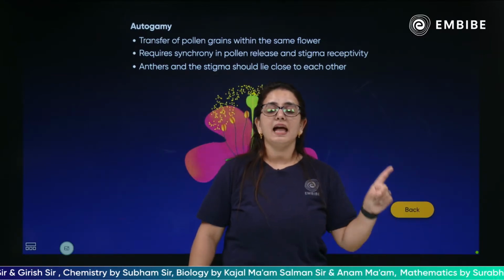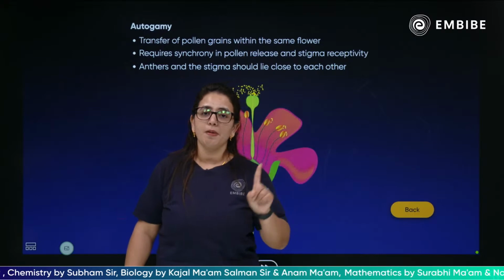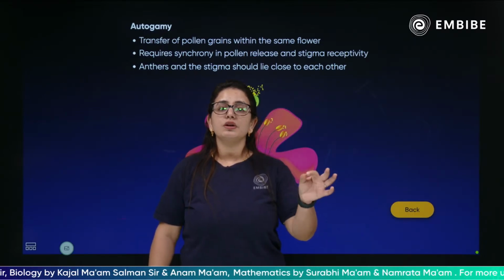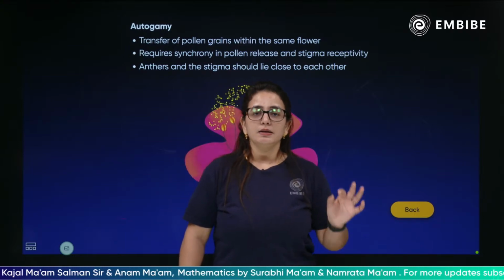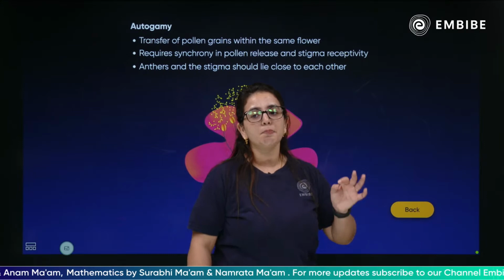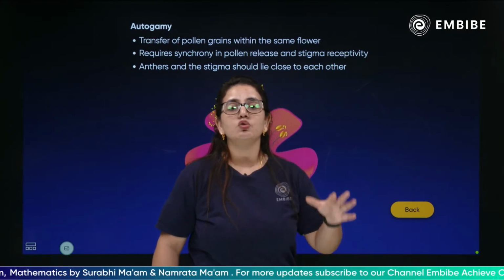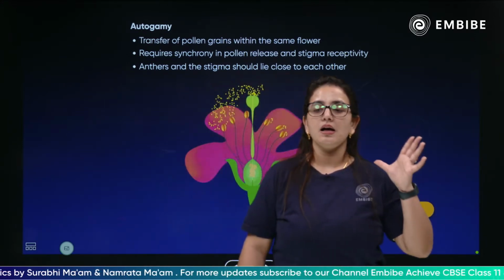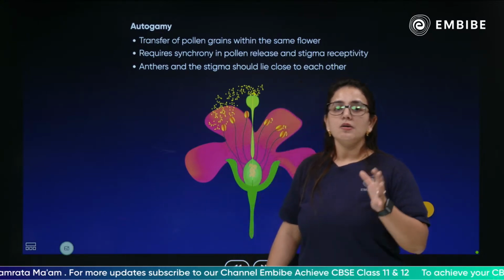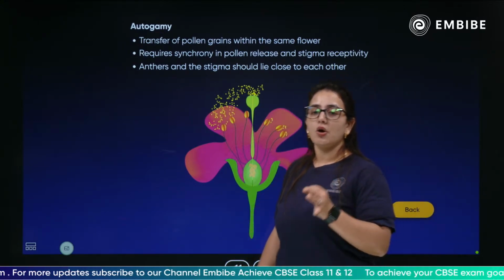Both the male and the female reproductive parts should be matured enough to receive the pollen grain. The stigma should be receptive to receive the pollen grain and the pollen grain should be viable to germinate on the stigma. This is what you call synchrony.